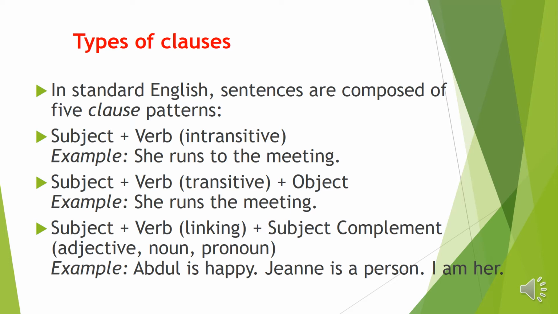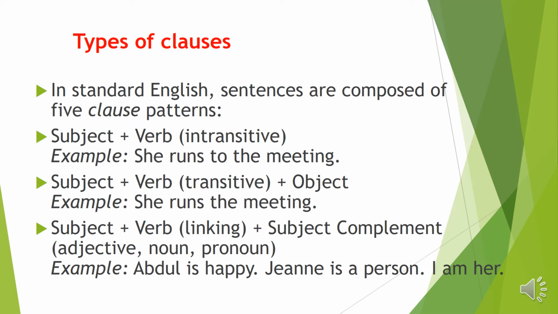Next pattern: subject plus verb plus subject complement, then adjective, noun, pronoun. Example of this: "Abdul is happy." That is a simple sentence. Subject, "Abdul," our special verb, which is a linking verb, "is," and then "happy" is our complement. "I am here."